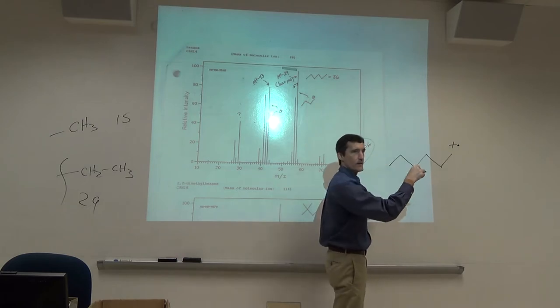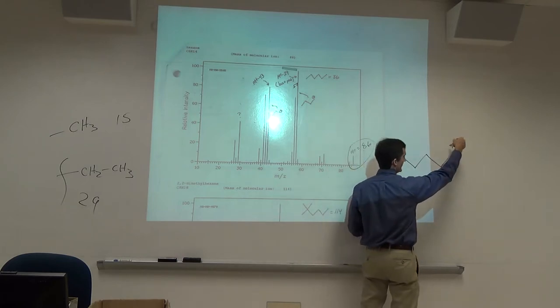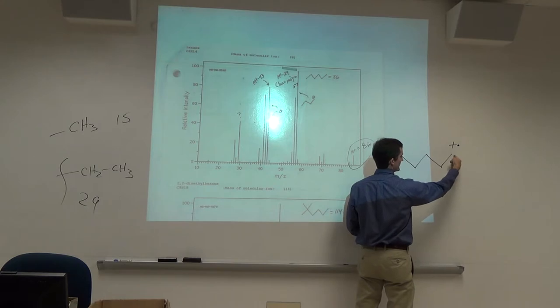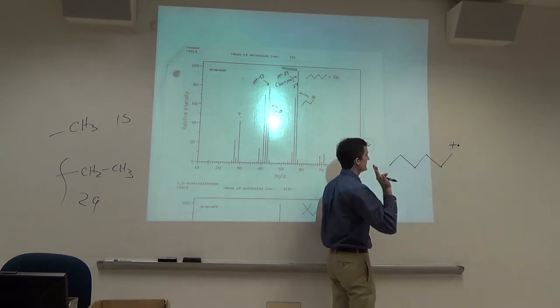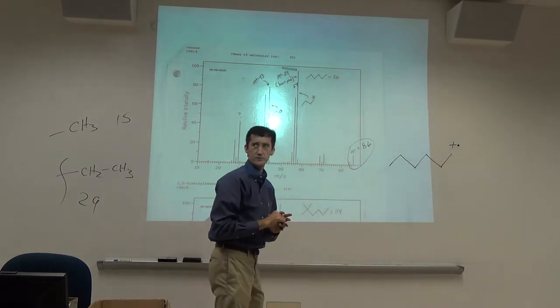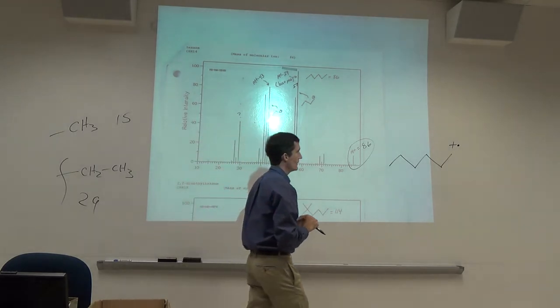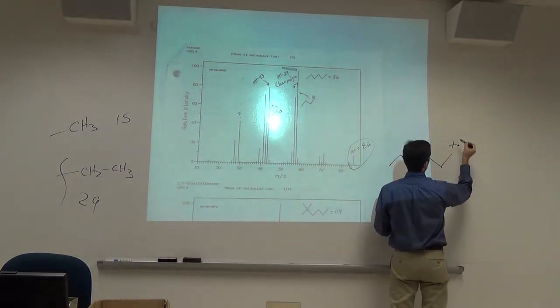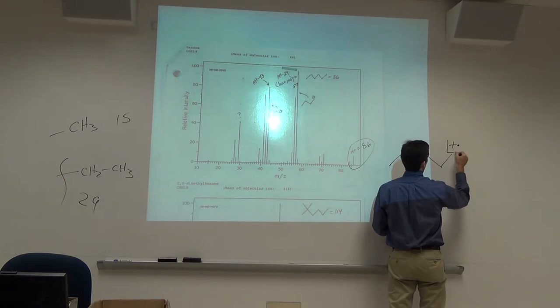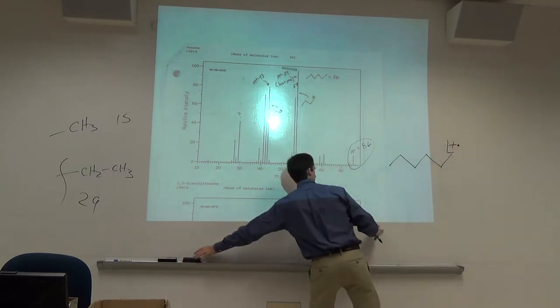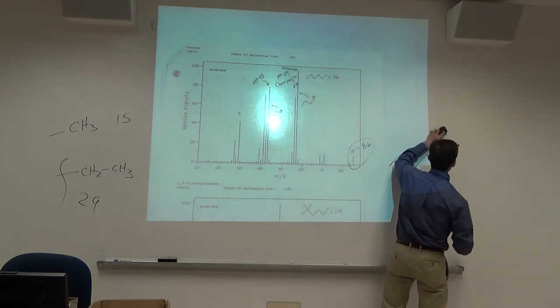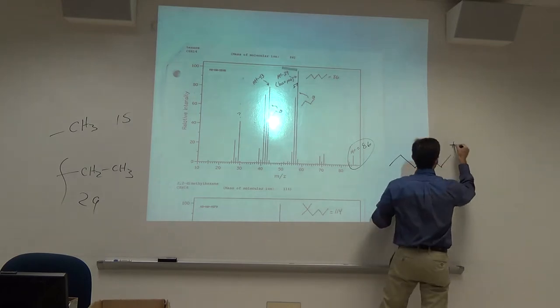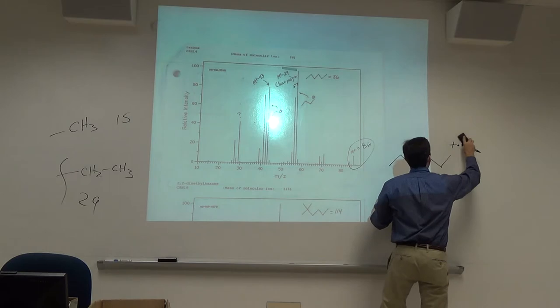I hate that, but it's kind of like that. This is not meaning that that's plus. Somewhere there's an atom that's missing an electron. Sometimes you can put a bracket up there, but I'll never do it.